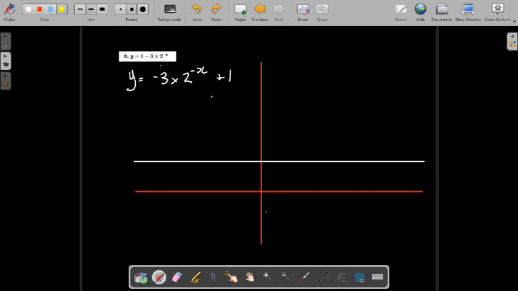Now, 2 to the minus x means that it's going like that. And that minus 3, the minus means we reflect it in the x-axis.